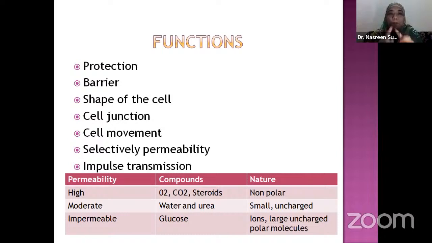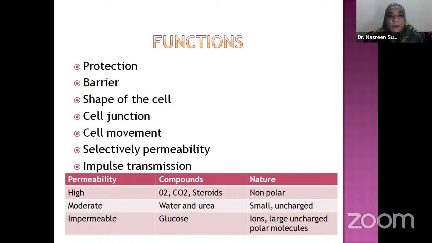It maintains the proper shape of a cell. Plasma membrane only gives a proper shape to the cell. It helps in cell junction as it contains transmembrane proteins. We will see that in the next slide. It is going to help in the junction of a cell, where two cells will meet. It helps in the movement of a cell.